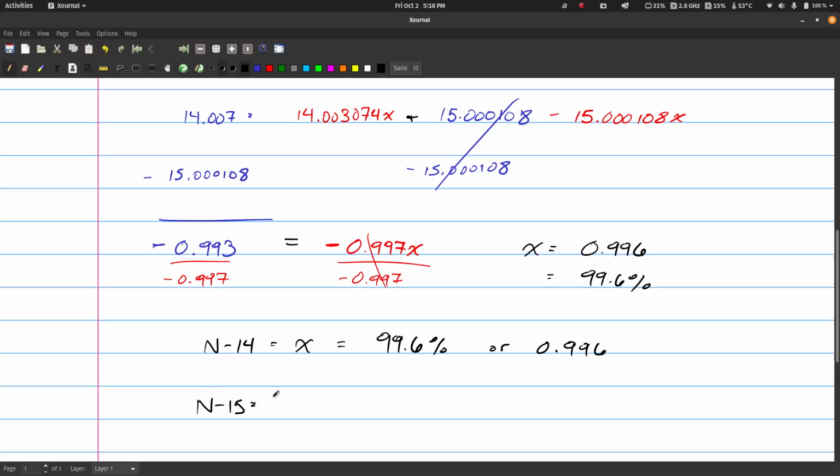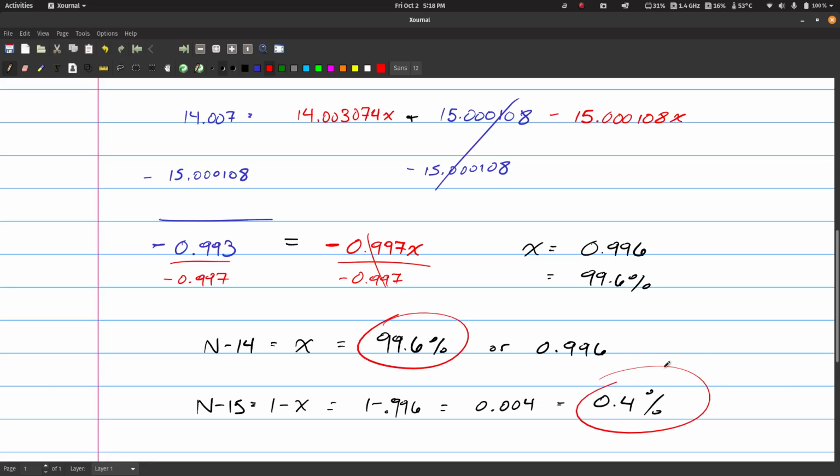N15 is equal to 1 minus x, so that is equal to 1 minus 0.996 equals 0.004 equals 0.4%. And that's how you do little simple ones with two isotopes.